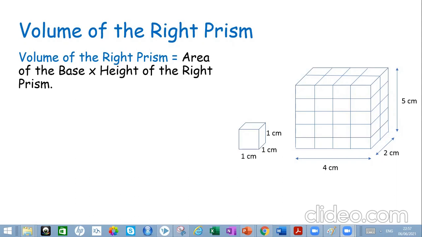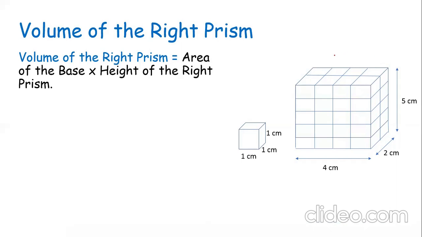First of all, we need to calculate the area of the base. The area of the base helps us to determine how many cube units can fit on the area. So here we have a rectangular base with length equal to 4 centimeters and the width equal to 2 centimeters.